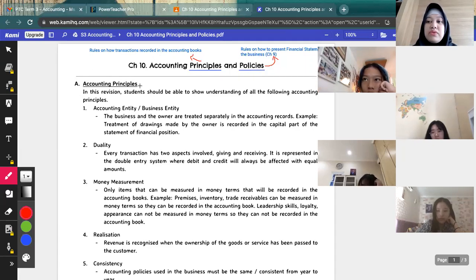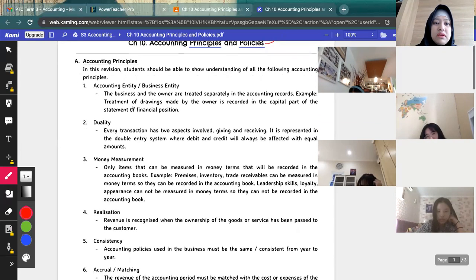Because when you read in the books, sometimes the sentences are difficult enough for us to absorb and to understand. So I made this summary or revision so that you can study this anytime and it is easier for you to recall. Okay, number one, accounting entity or business entity.